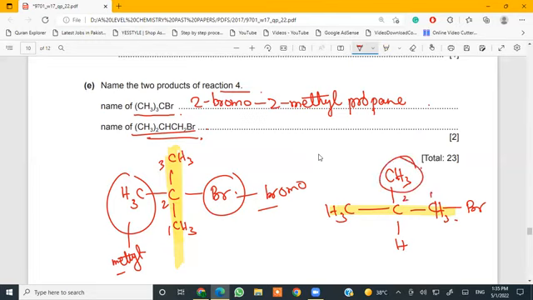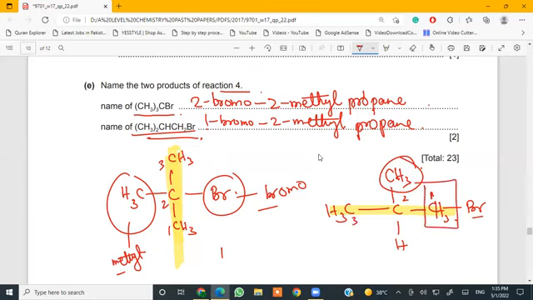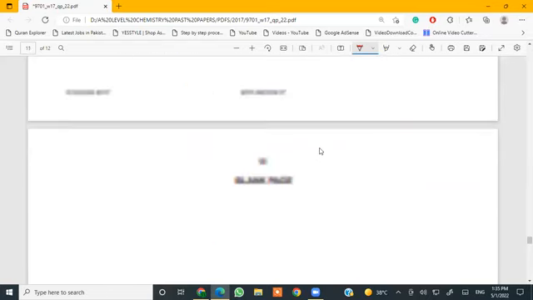So 2-methyl, 1-bromo, so 1-bromo-2-methylpropane. It's that simple. The longest chain is right over here, first, second, and third, and you start from the first carbon, which is nearer to the bromine atom. And there you go.